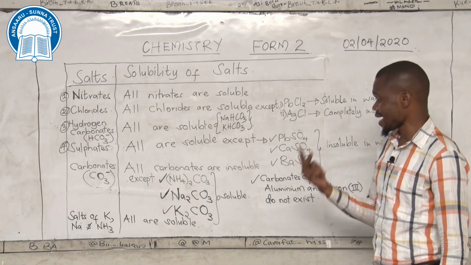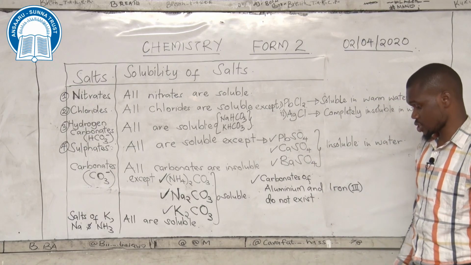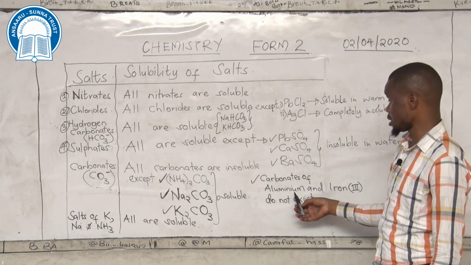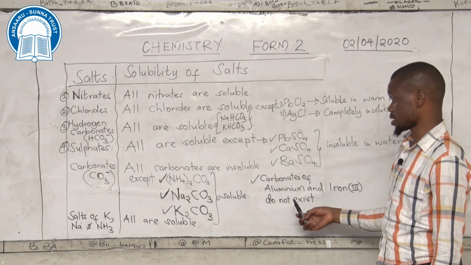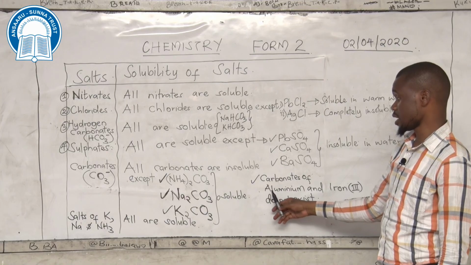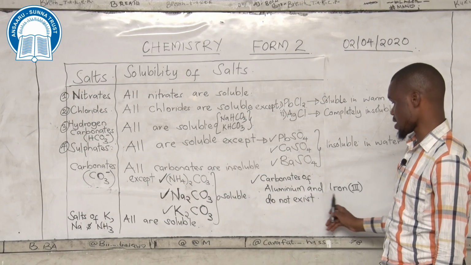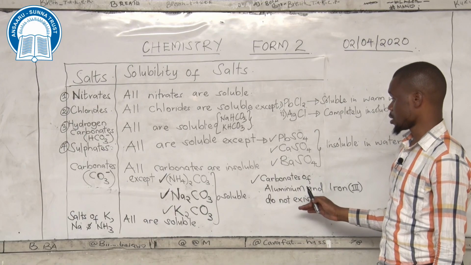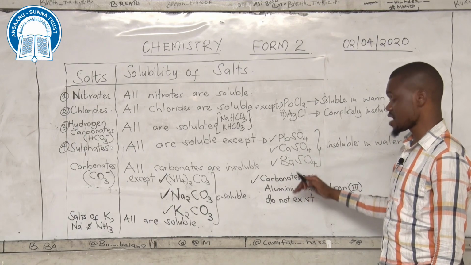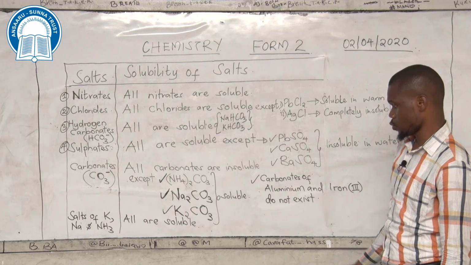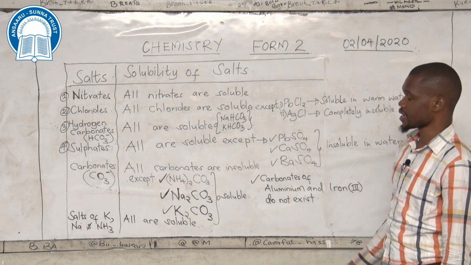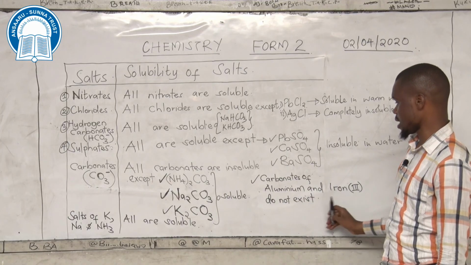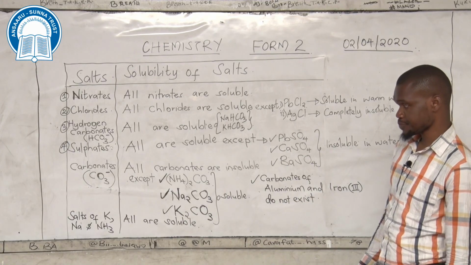Then we have said there are 2 metals here that do not form carbonates, and we will learn more about this as we continue discussing salts. So carbonates of aluminium and iron 3 do not exist, simply because of how aluminium salts behave in solution, which we'll discuss in our next lessons.